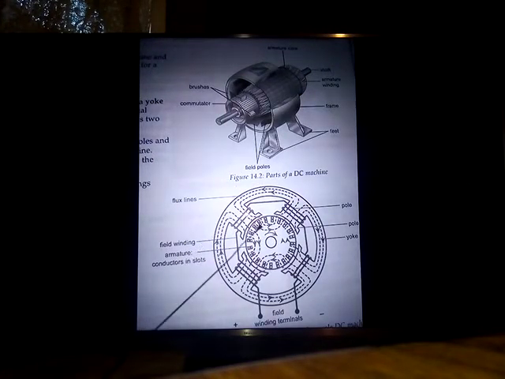You see these lines here with the arrows, they represent the magnetic field. But because there are many of them, we call them magnetic flux or flux density, right? So the purpose of the poles is to produce the magnetic field.